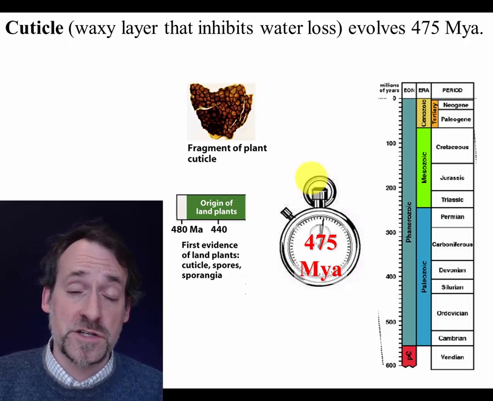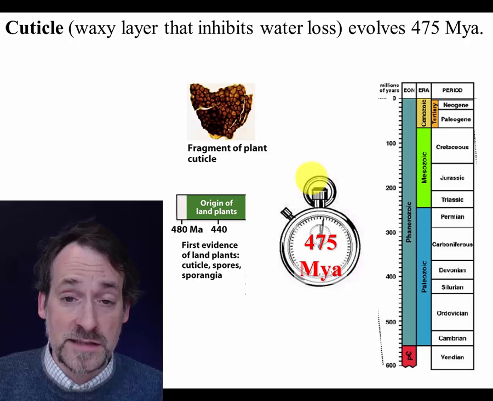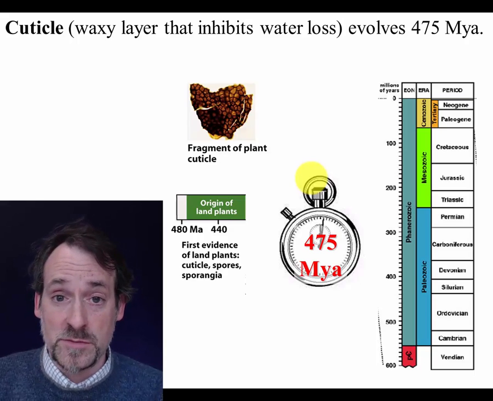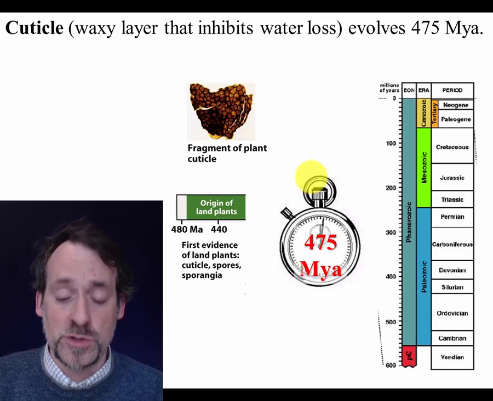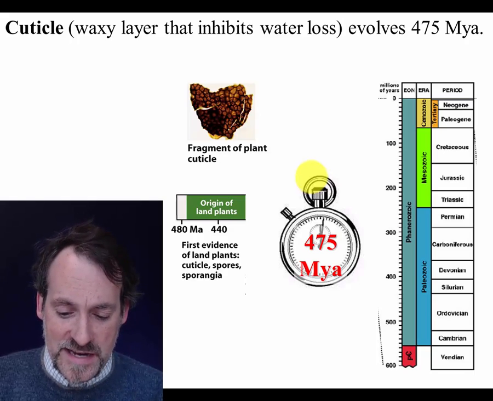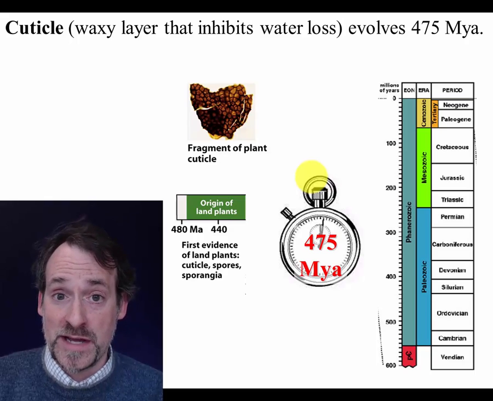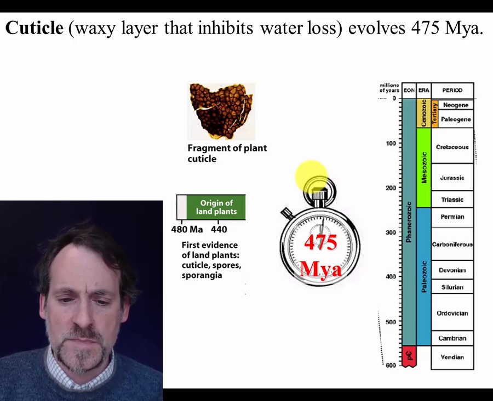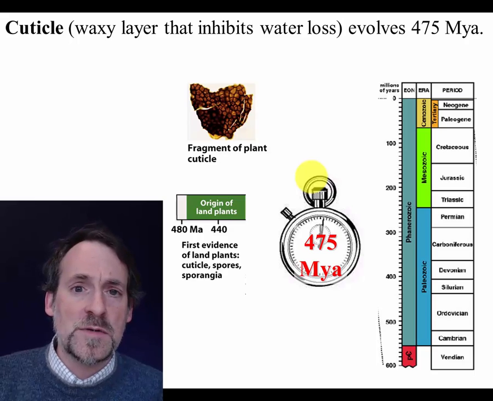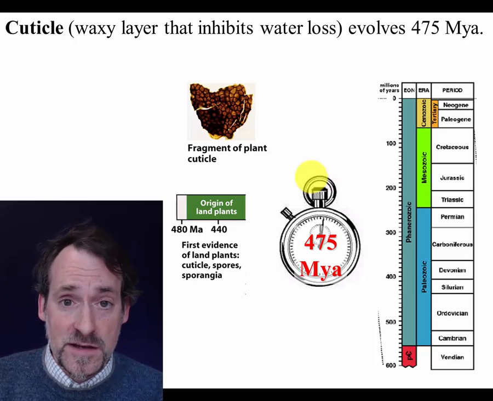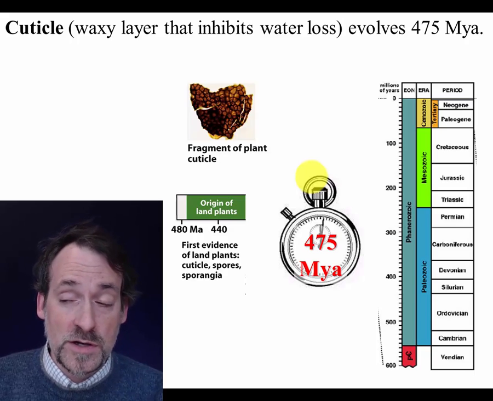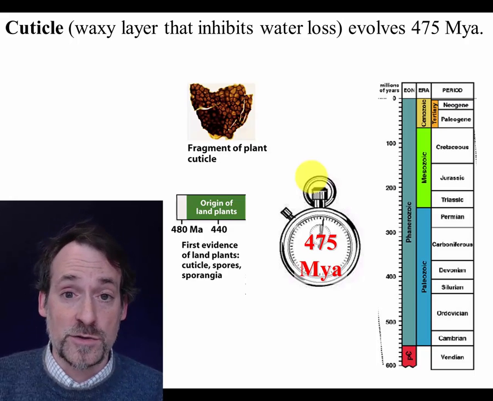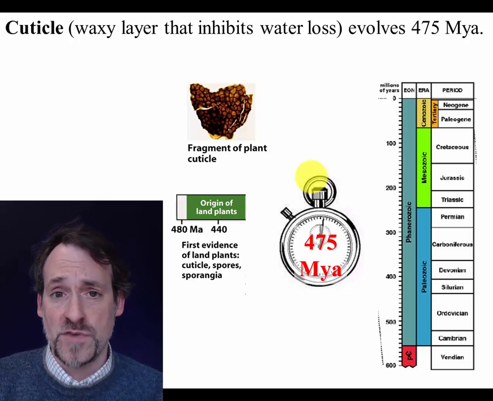The first innovation, according to the fossil record, that allowed these organisms that we know as land plants to conquer land was the evolution of a watertight cuticle. It's a waxy layer on the outside of a plant that inhibits water loss. However, this structure in and of itself poses some serious problems for an organism, because plants, like other organisms, have to have gas exchange in order to survive.